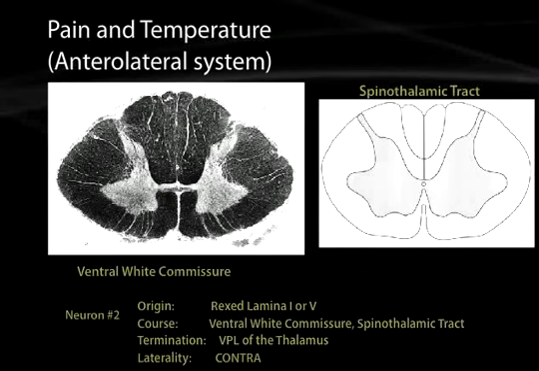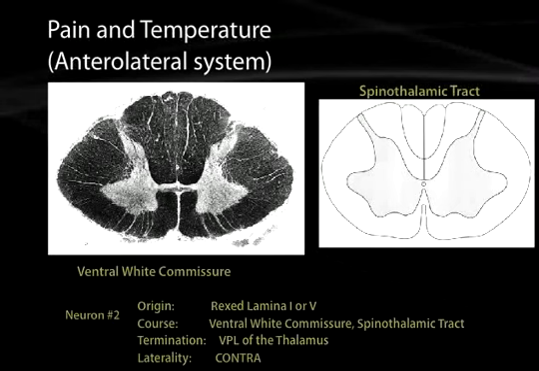First, we saw this already, where in the spinal cord, information crosses the ventral white commissure and ascends in the spinothalamic tract. The second order neuron originates in the Rexed lamina 1 or 5.